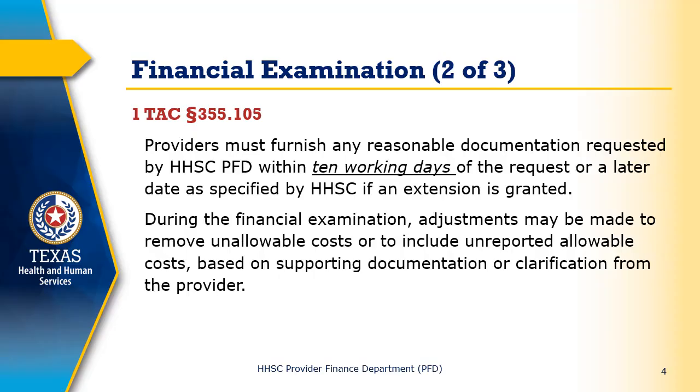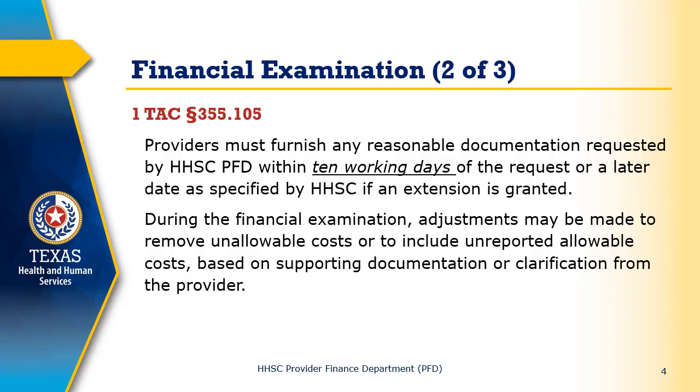Providers must comply with requests from the Health and Human Services Commission (PFD) by furnishing any reasonable documentation within 10 working days, or an alternative timeframe specified by HHSC PFD as outlined in Tax Section 355.105.